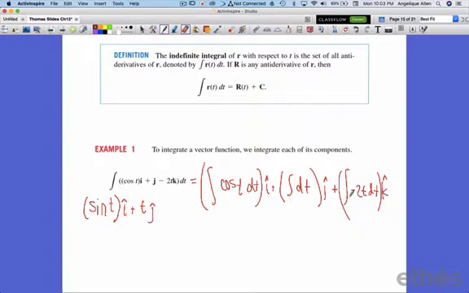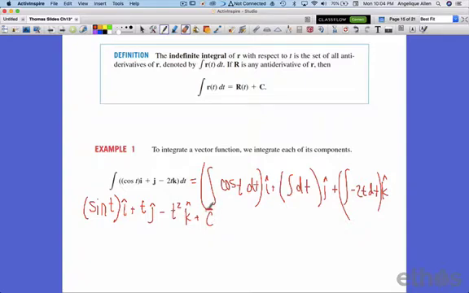And then the integral of negative 2t dt, well, that's going to be minus 2t squared over 2, right? So we really don't need the 2 over 2, so let's just neaten that up a little bit. We're going to end up with negative t squared k, and then we'll say plus c.